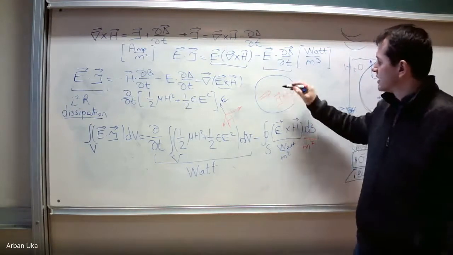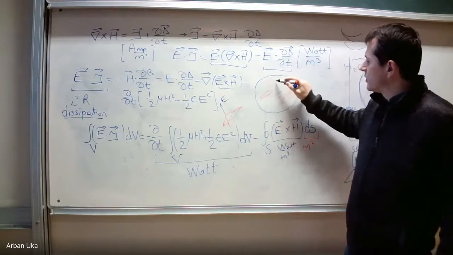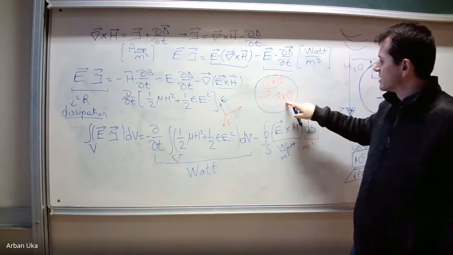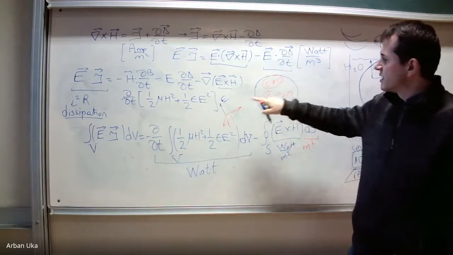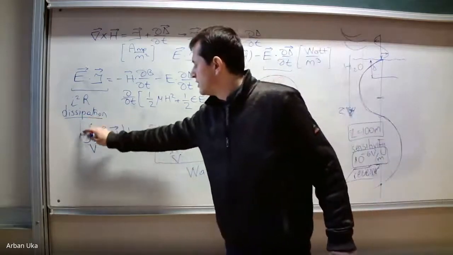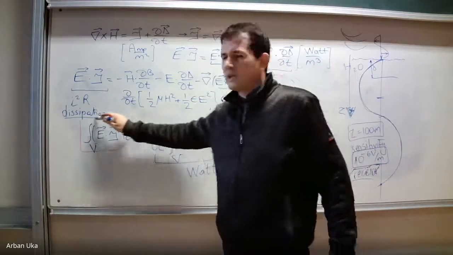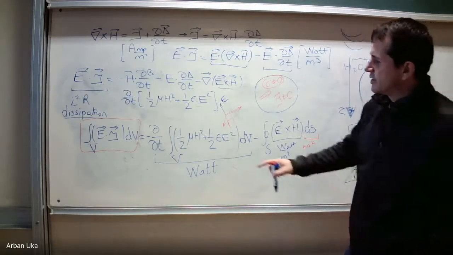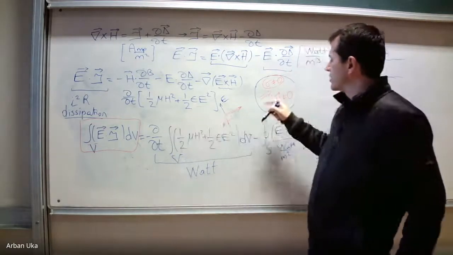But if it is a conductor, if this sigma is different from zero, you generate this. If you generate this, and this one is coming from outside, that means that you are going to dissipate or lose in the form of heat this much energy, which is going to increase the temperature here.